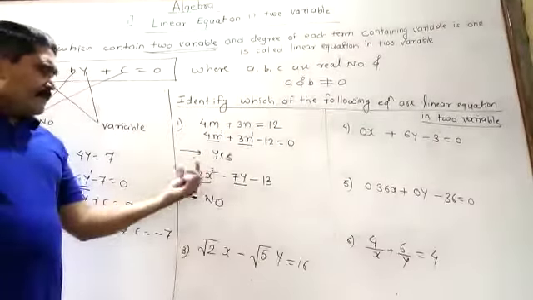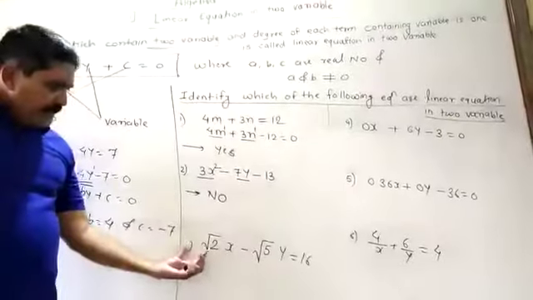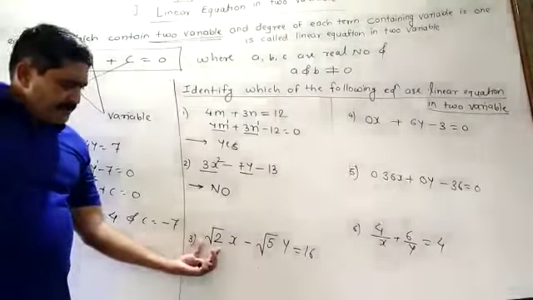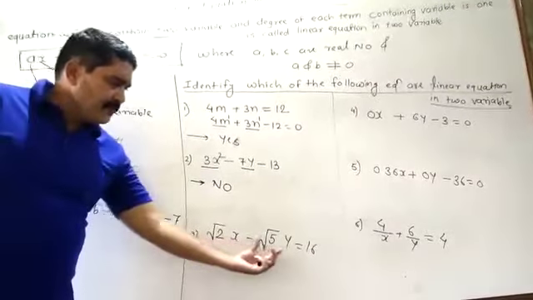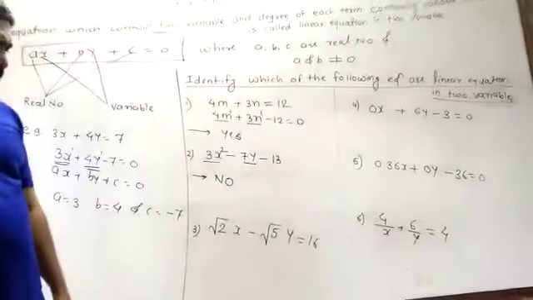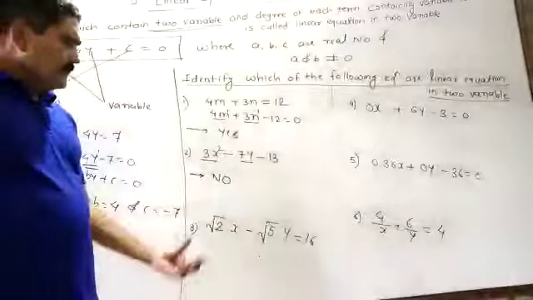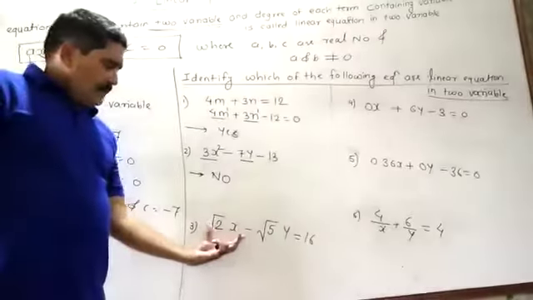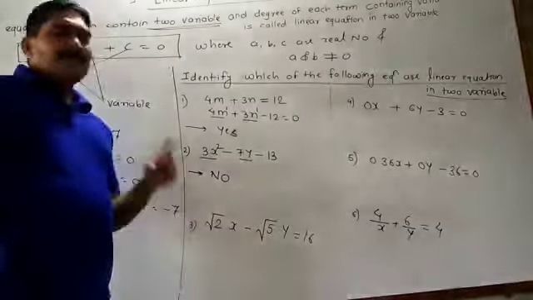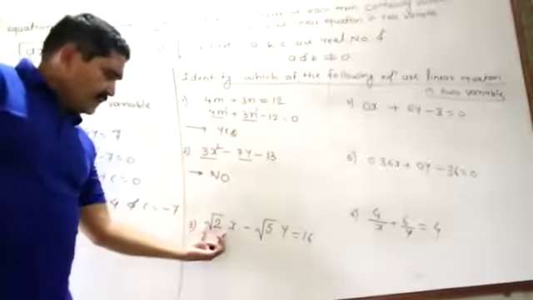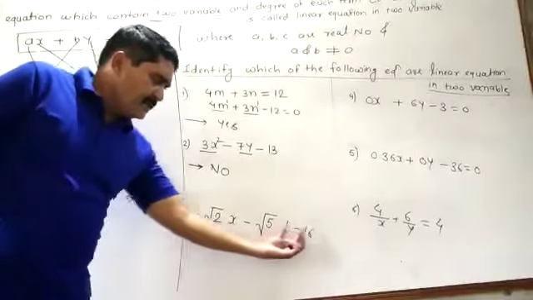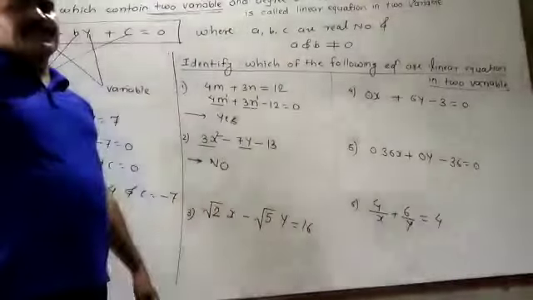Now the third example, square root of 2x minus square root of 5y is equal to 16. Here, the square root of 2 and square root of 5 are irrational numbers, and irrational numbers are real numbers. These are the terms of A, B and C, and they are real numbers.